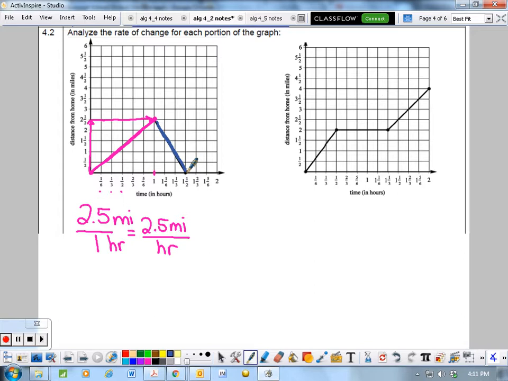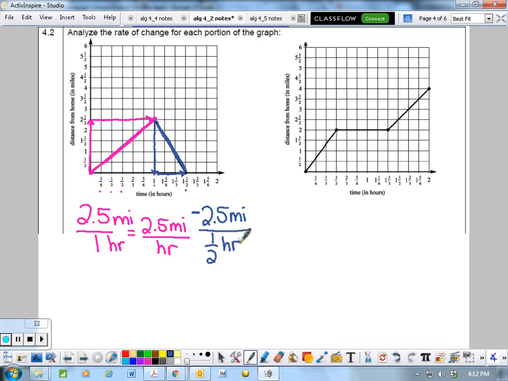When I'm looking at this, the rise is 2.5 miles, and it's down, so it's negative. Then for the run, I'm going from 1 to 1.5. So I'm really going over half an hour.